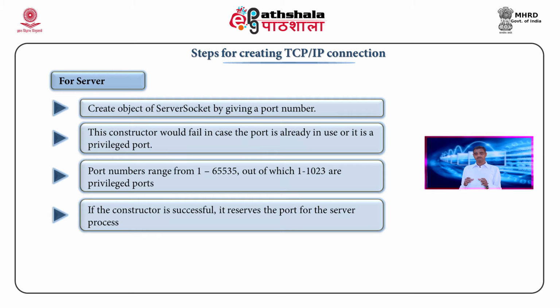Another reason for failure is if the port is already used by another process. It is like a phone number: no one else can have the same one. We can't have two persons with the same port number; each person is like a process here. So, we have a Java process, and the Java process takes up a port.